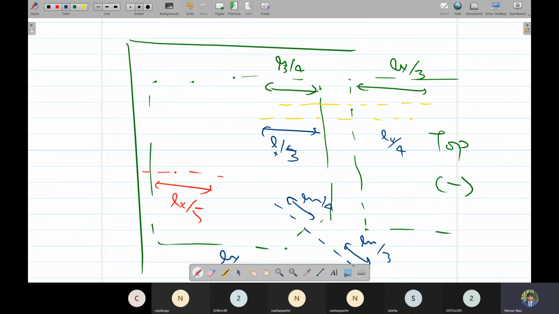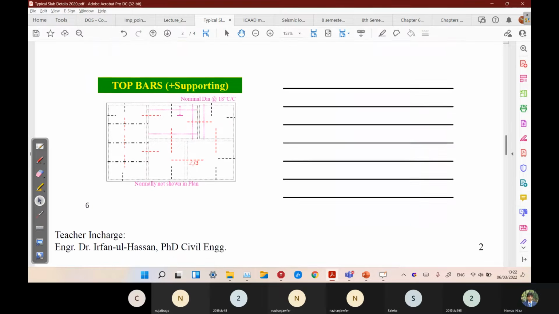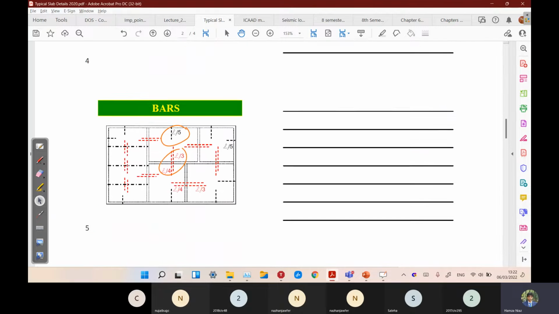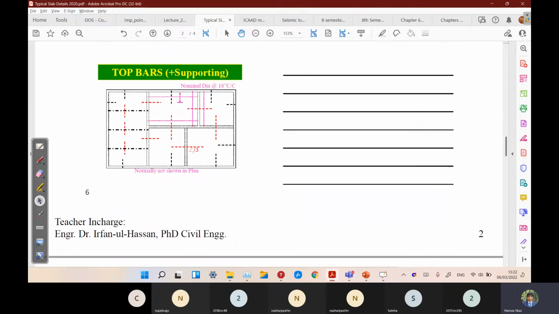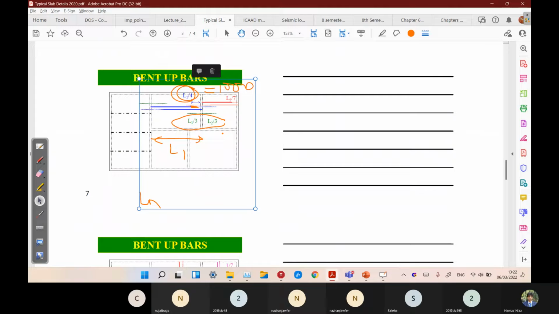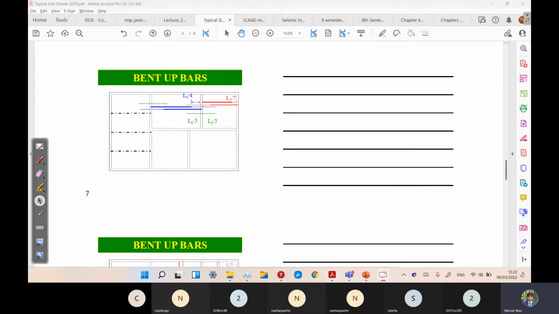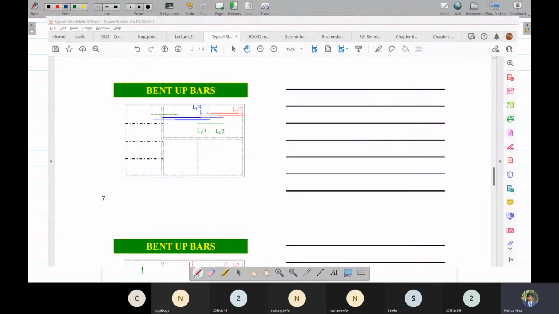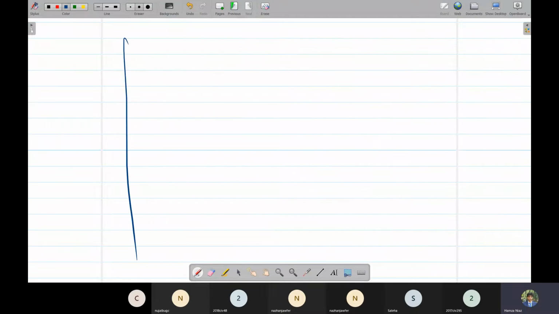Ln is the clear span. All right, so this is how we are going to show the curtailment. This is for curtailment. For bent up, it's almost the same. The difference is, for example, this is a slab.